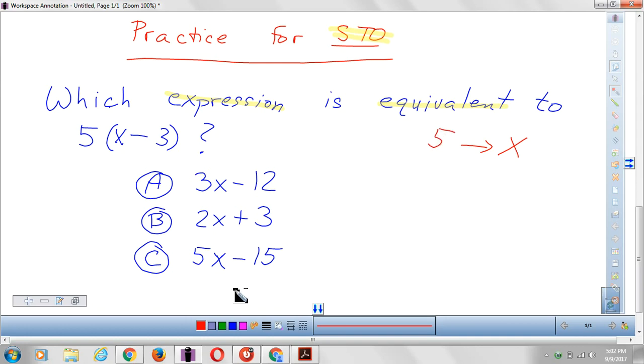There's a reason that we chose that. And if students are interested, I can even make a video about why we chose the number 5. Okay, so I'm going to put this into the calculator and see what magic number I get for this. Don't pay attention to your answer choices just yet because first we need our magic number. Okay, so I'm going to put in 5 store x and 5 times x minus 3.